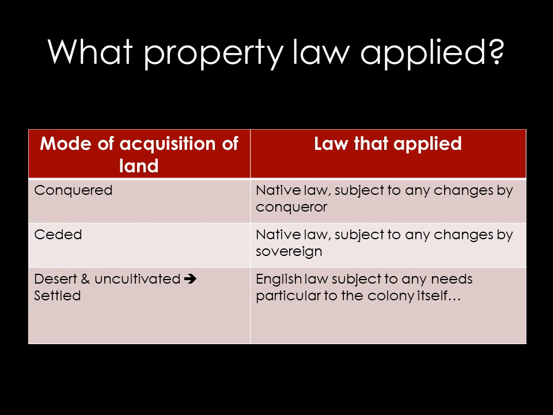Land that had been ceded retained native law, subject to any changes by the sovereign. Okay, so you've got a similar sort of situation. But let's contrast land that was deemed to be desert and uncultivated and therefore settled. In these instances, English law applied, subject to any needs particular to the colony itself.